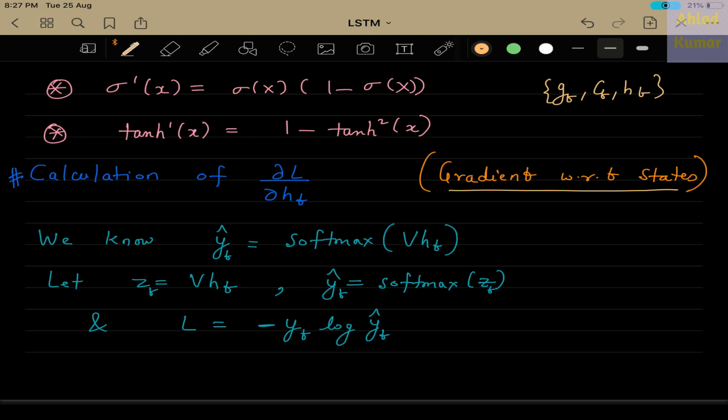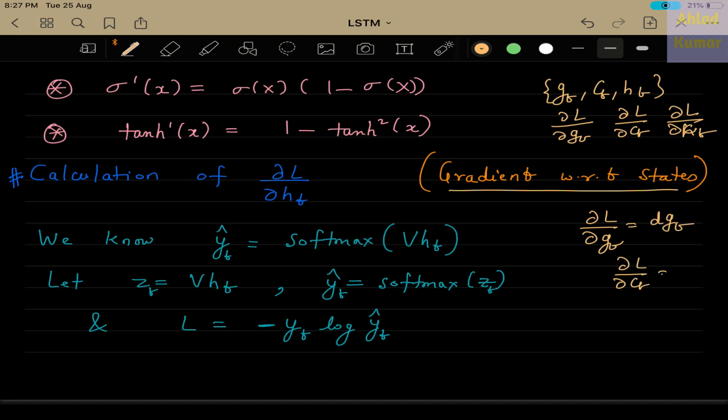We are calculating the derivative of the loss with respect to GT, the derivative of the loss with respect to CT, and the derivative of the loss with respect to HT. In short, we denote these as dGT, dCT and dHT.